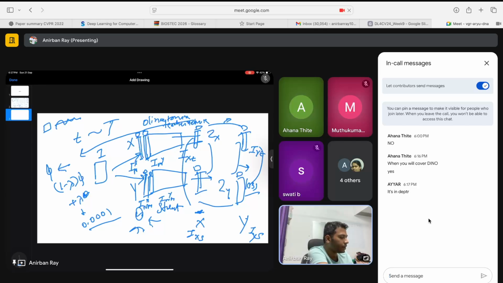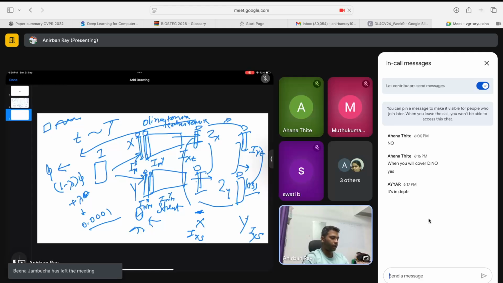Another thing you do is, for each of them, what we have here is the masked image, the masked tokens that you get. Some are masked, some are not.